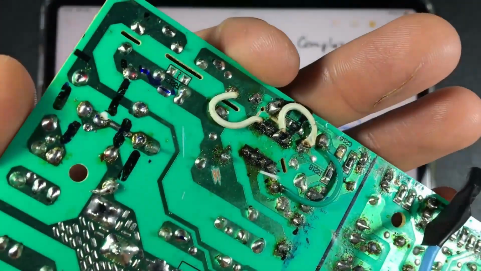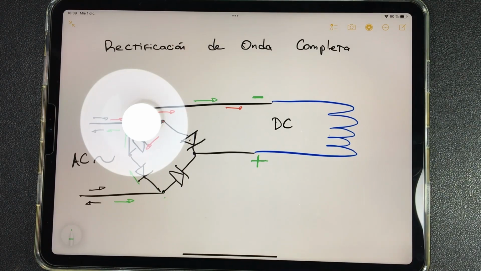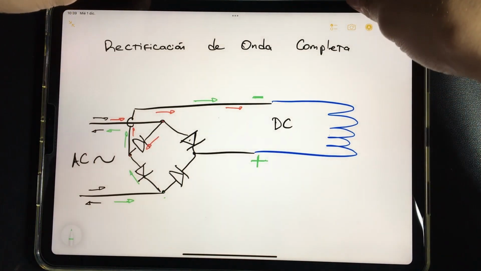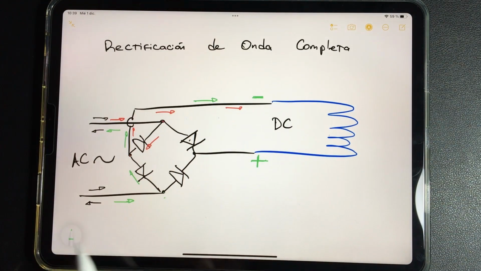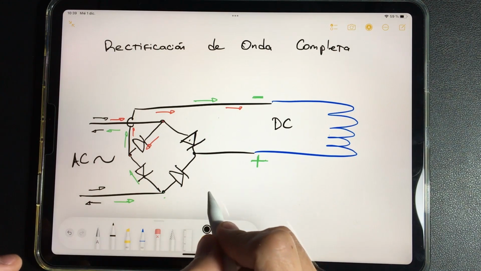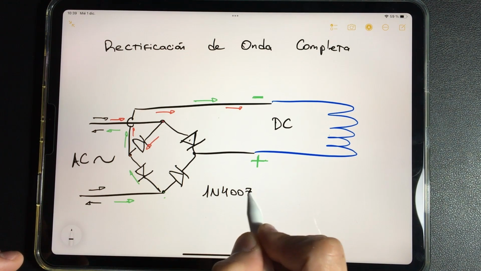They are not in a rhombus, but it does not matter. The tracks end up accommodating so that they are in this configuration. And these are the complete wave rectifier circuits. Full wave rectification with 4 diodes. Generally, when they are circuits for boards, the diode model used is the 1N4007.